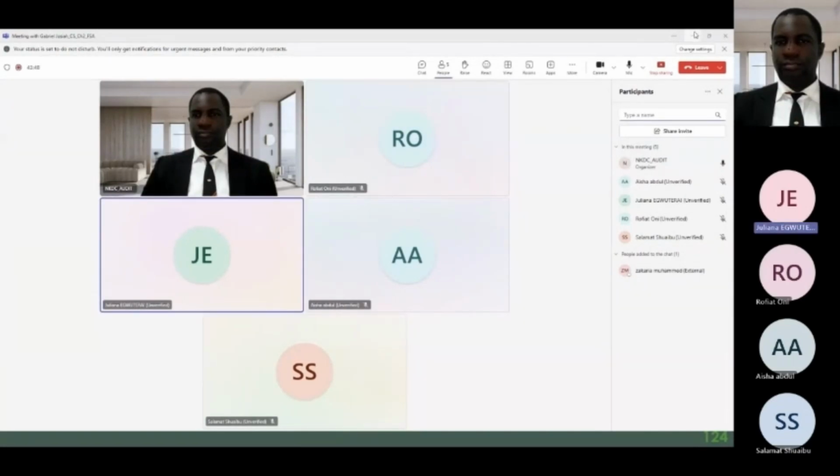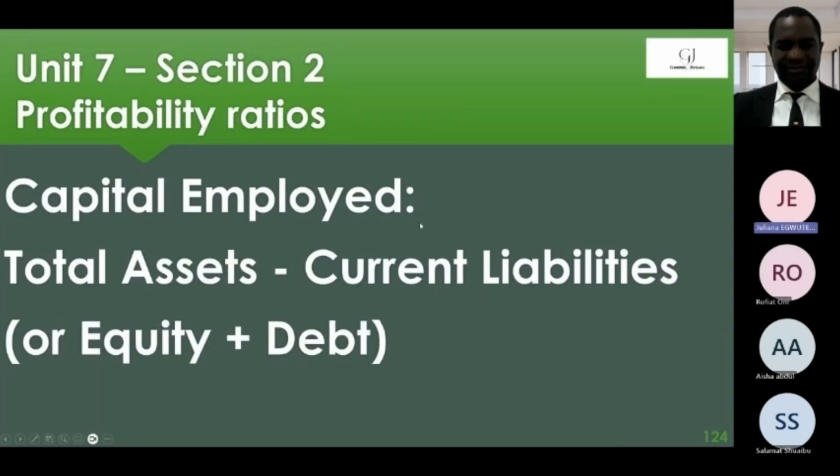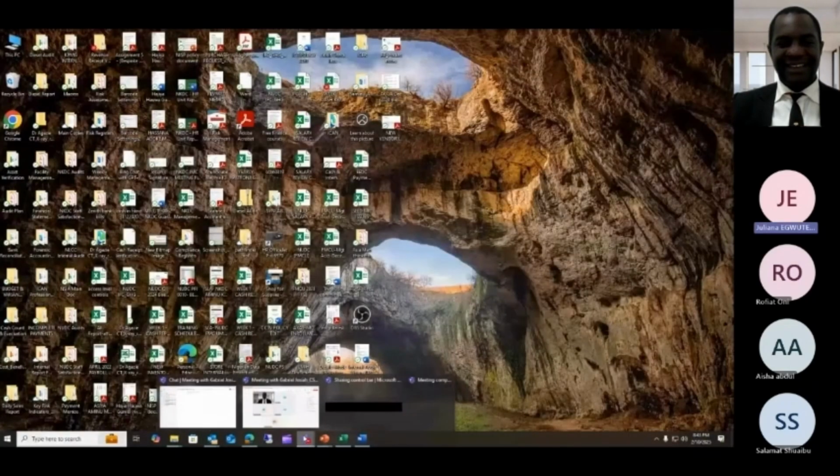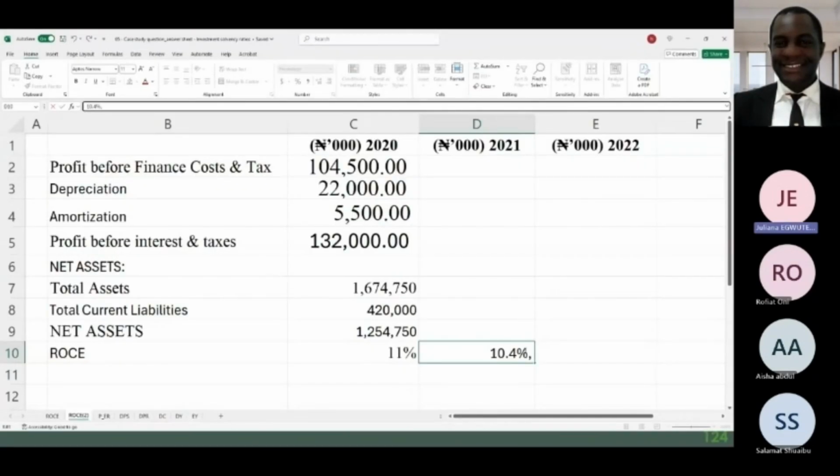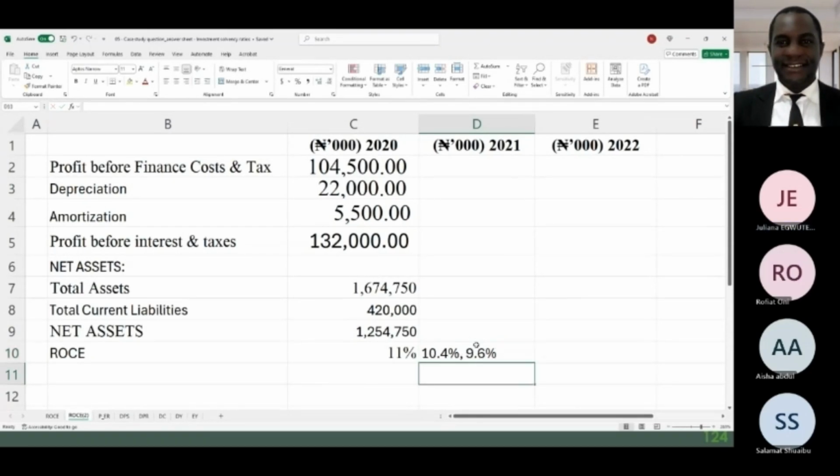So I'm getting 9.6. I don't know why, it's just changing. 9.6. Okay, so that's the second option we have. All right, at least I have two people that have commented.